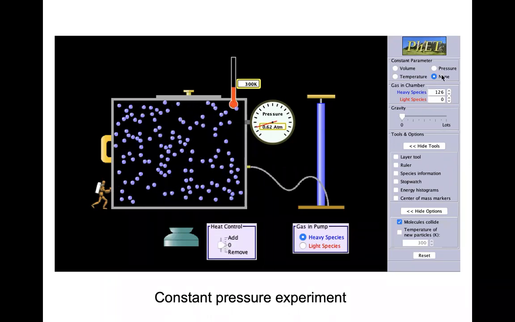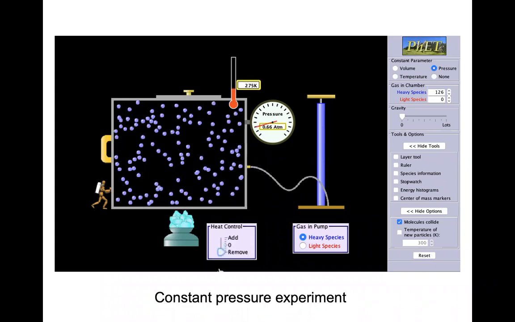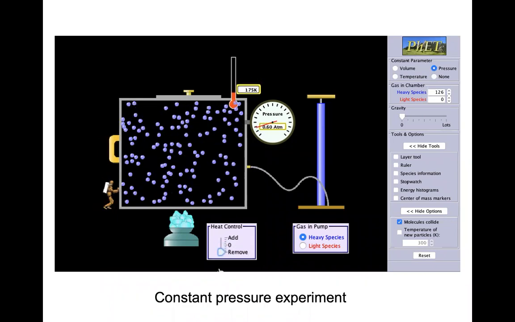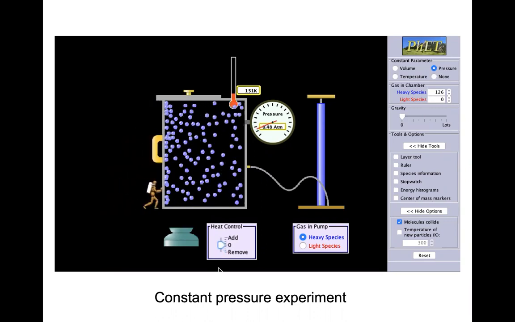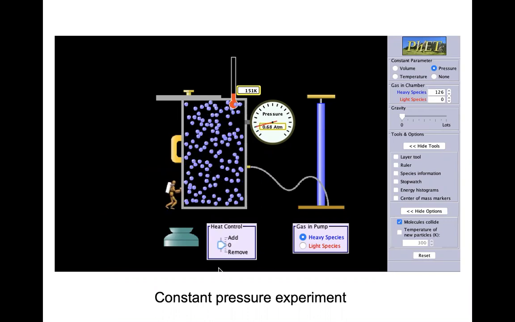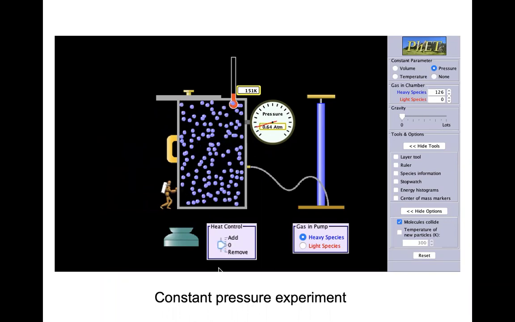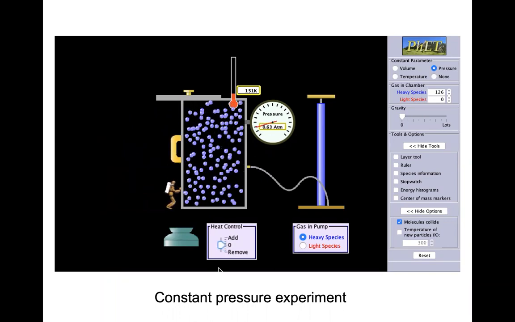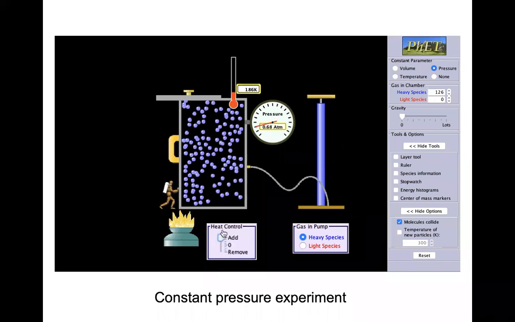Now, before adding heat, I'm going to make it so the pressure has to stay constant inside the container. If I reduce the particle motion, notice how it's contracting here. This is like when we put our balloon into the liquid nitrogen. We reduced the temperature, heat left the system, and we saw this contraction. In order for the pressure to remain constant, it had to squish smaller.